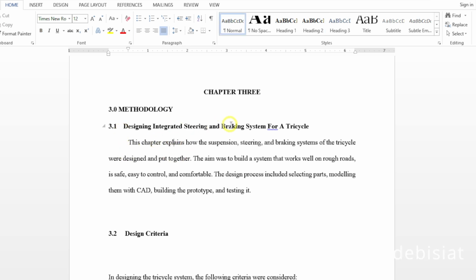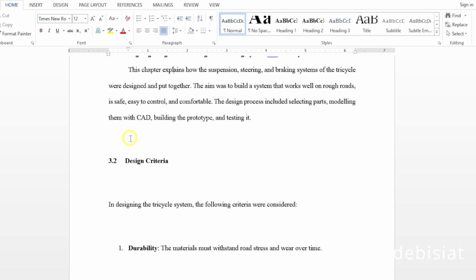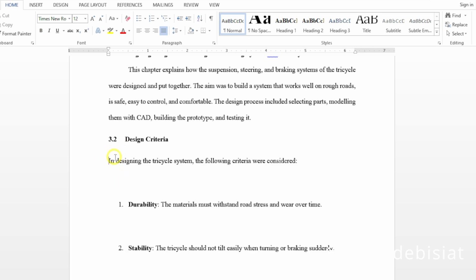This chapter explains how the suspension and steering system of a tricycle were designed and put together. The aim was to build a system that works well off-road, is safe, easy to control, and comfortable in design. Okay, I'm not really flowing well with that, but let's just leave that for now.